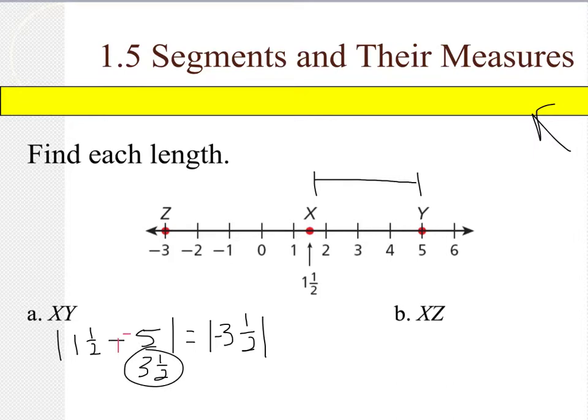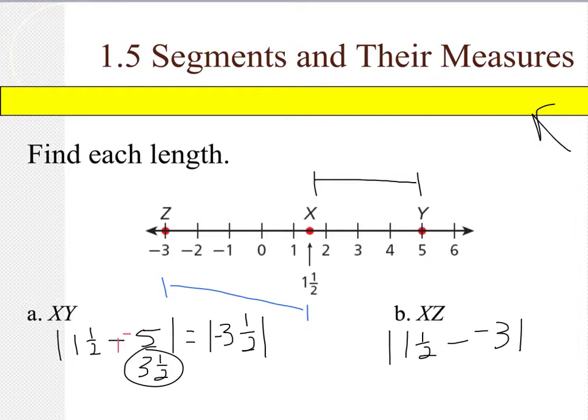Next one, X and Z. X is at 1.5. Z is at -3. We are going to find the distance between 1.5 and -3. So between X and Z. Absolute value of 1.5, which is your X, minus -3, end of absolute value.